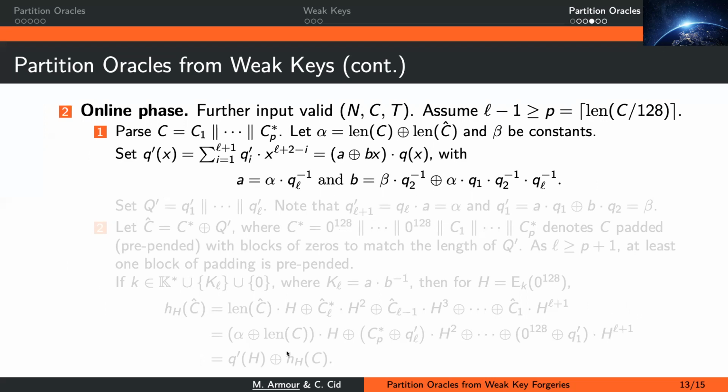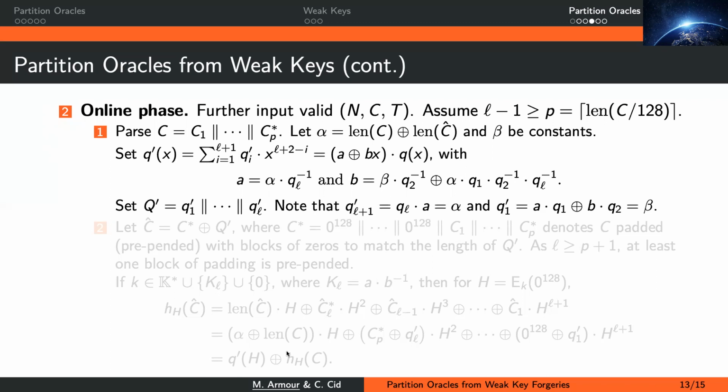And then construct Q prime. So we're going to update the forgery mask using A plus B, where A and B are derived from alpha and beta according to this formula, and set Q prime as the coefficients of the polynomial Q prime.